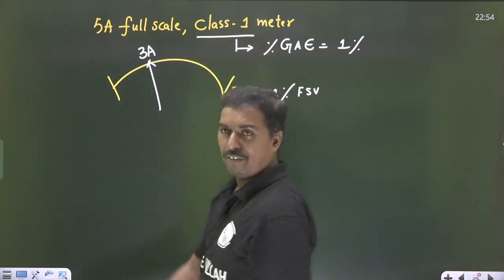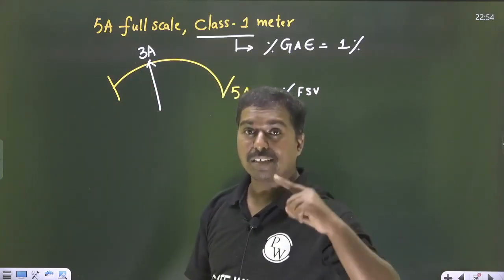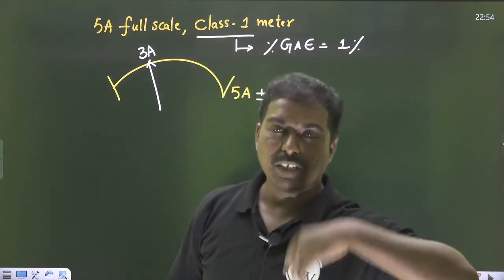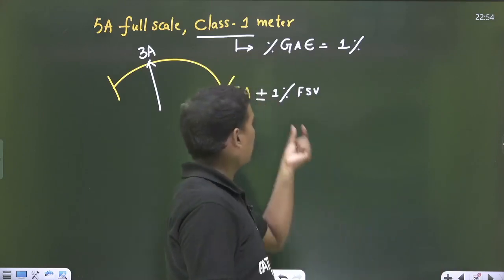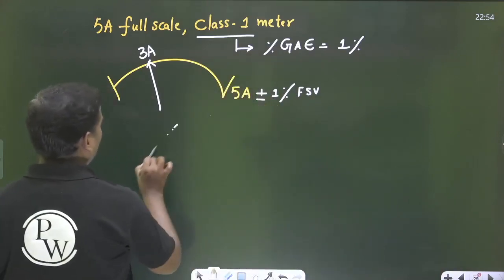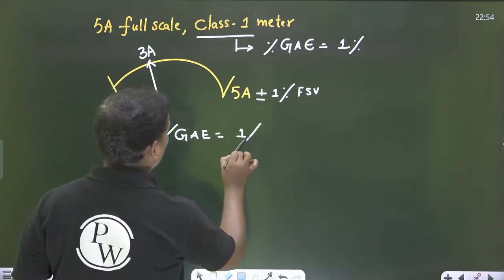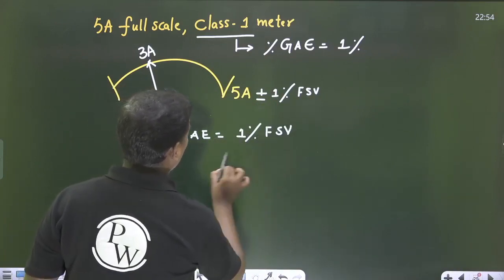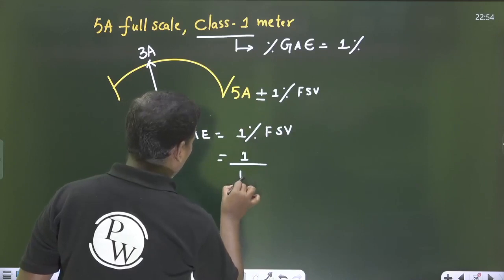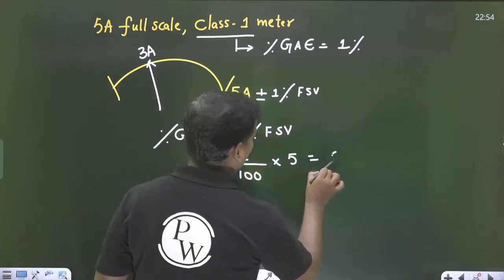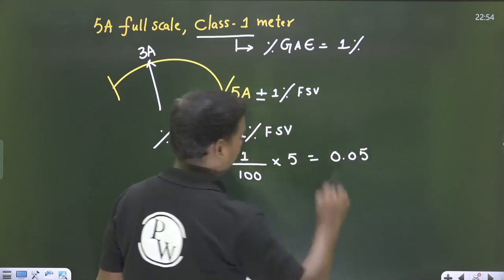Now tell me, definitely there is an error in the 3 amperes because there is a guaranteed accuracy error when you measure with the 5 ampere scale. So the percentage of guaranteed accuracy error is given as how much? 1% of full scale value. So what is that full scale value? 1 by 100 into the full scale value, which is 5. So that is coming as 0.05.